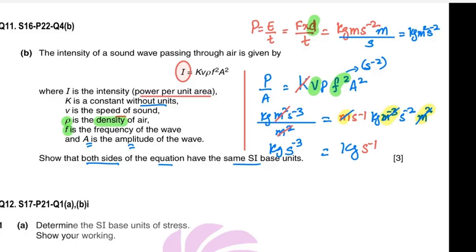Frequency is s power minus 2. Oh, okay. I was just missing this thing. It's s power minus 1, s power minus 2. It simply makes it s power minus 3, right? So it's the same on both sides. Okay?